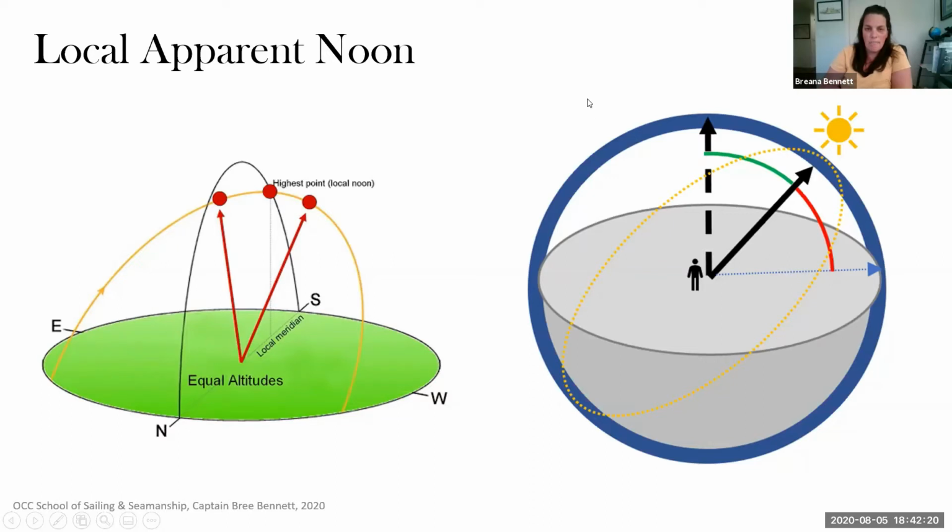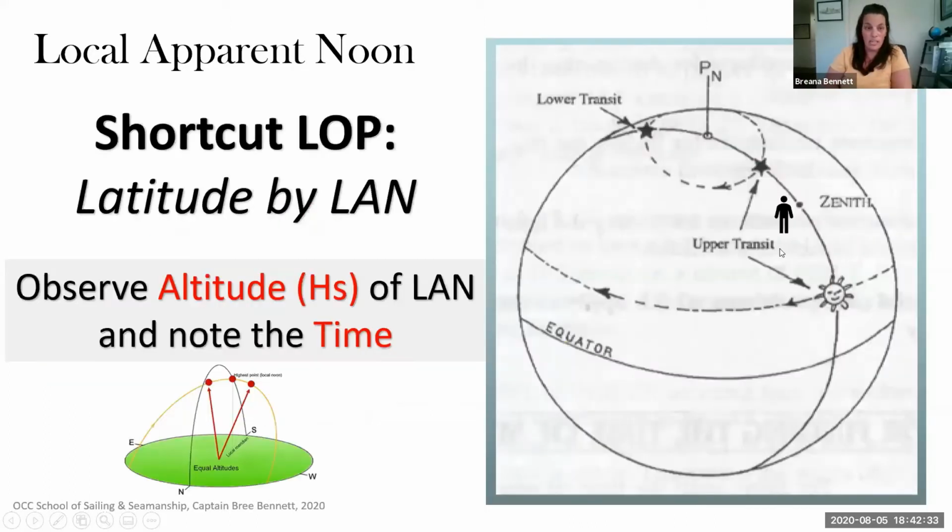So stand by. So that is the definition of local apparent noon. It's basically called the meridian passage of the sun. And you'll see that on here. So the sun is rising, rising, rising, and when it crosses our meridian, that is local apparent noon. And then it starts setting and setting and setting.